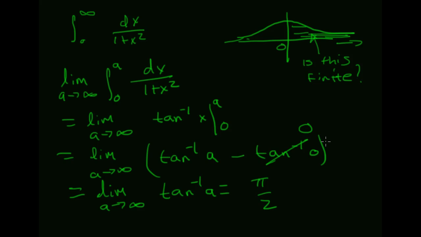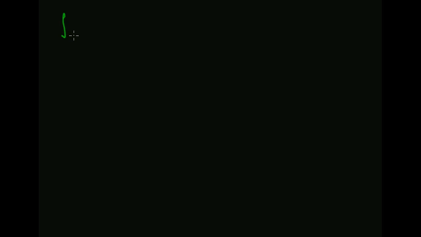Now, we don't always have to have bounds going to infinity to see something like this happen, so we'll work a second example, one that has a vertical asymptote instead of a horizontal asymptote, and see if we can make this work. Okay, so we have the integral from 0 to 2 of dx over the cube root of x minus 1.